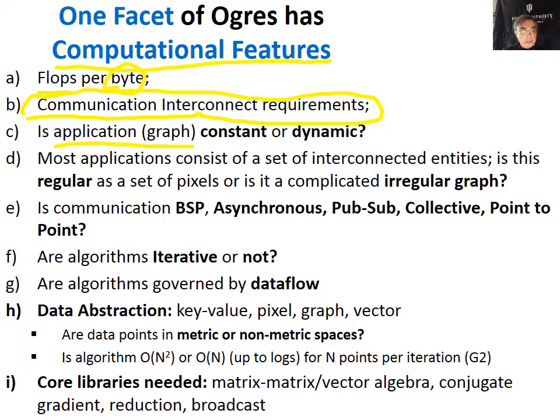Almost every problem can be thought of as having a graph, because even when you have differential equations and you do some finite difference, you have points linked to each other. That's a graph. It's a very simple nearest neighbor graph, but it's still a graph. And there are important cases as to whether that graph is constant or dynamic. So the other issue is variability in time.